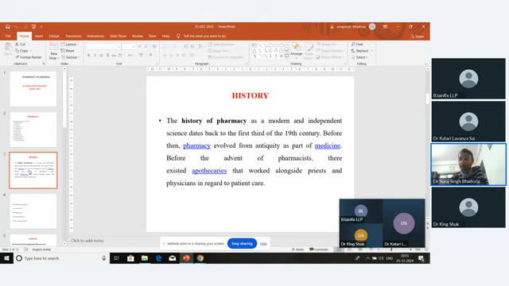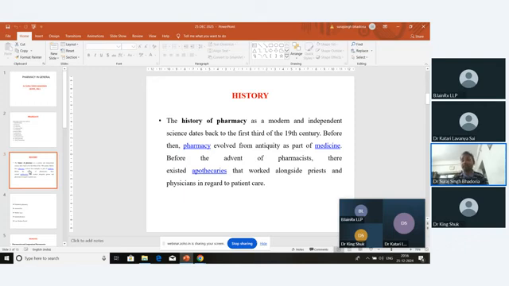Before then, pharmacy evolved from antiquity as a part of medicine. Before the advent of pharmacists, there existed apothecaries that worked alongside priests and physicians in regard to patient care. So in short, what is the general view regarding the historical development of pharmacy?